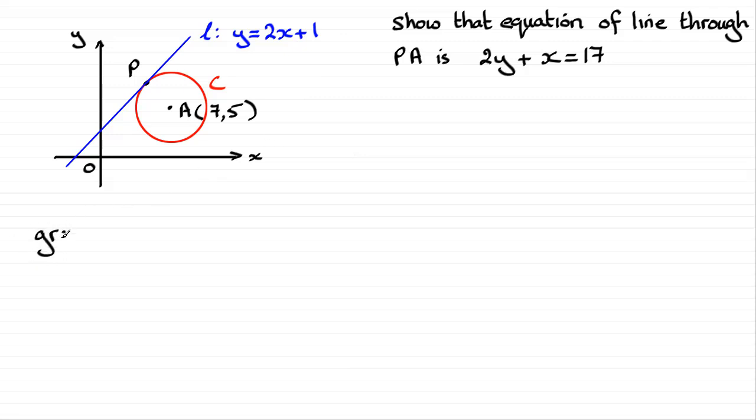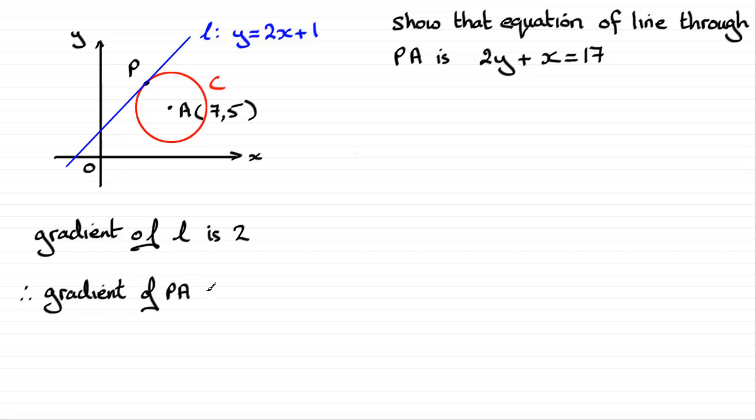Let's just start with the gradient of L. You should be able to see that the gradient of the line L is the m value in front of the x, and that is the 2. Okay, so that leads on to the perpendicular gradient, which will be the gradient of PA, and that's going to be the negative reciprocal of this.